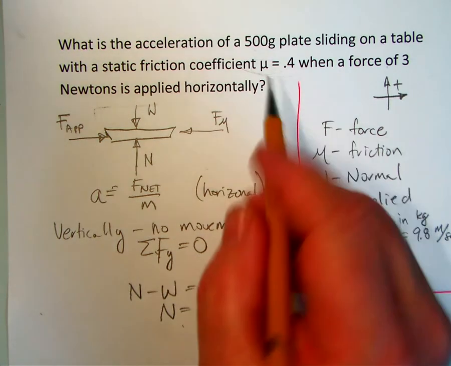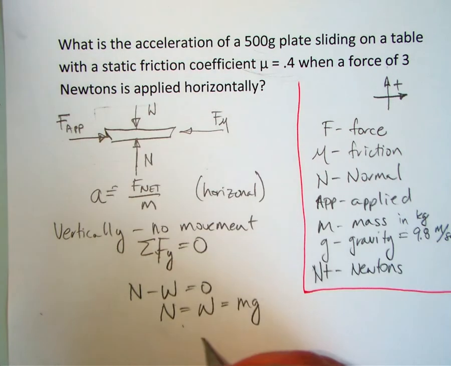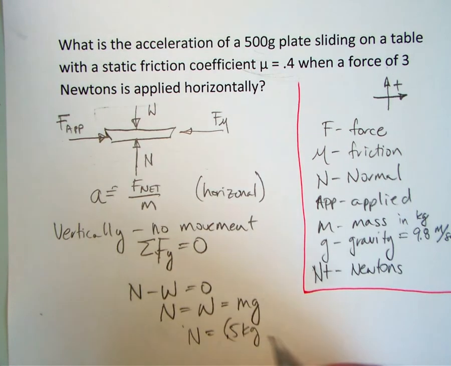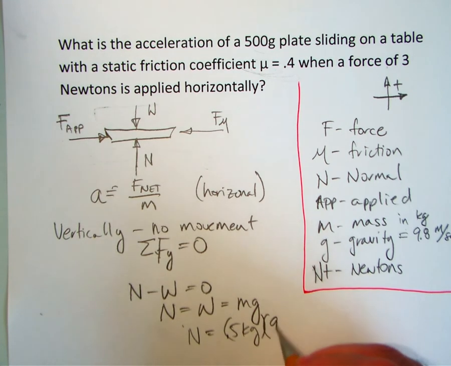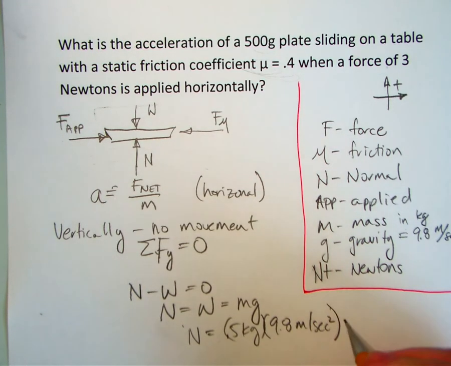And that's 500 grams, or 0.5 kilograms, times 9.8 meters per second squared. And then we should go ahead and put a conversion in here and say 1 Newton is 1 kilogram meter per second squared.